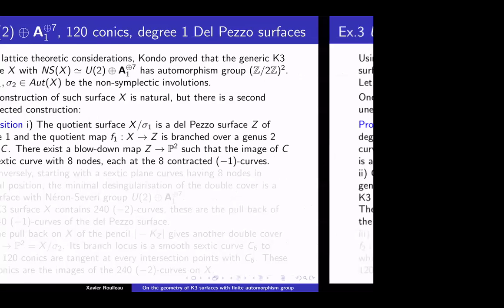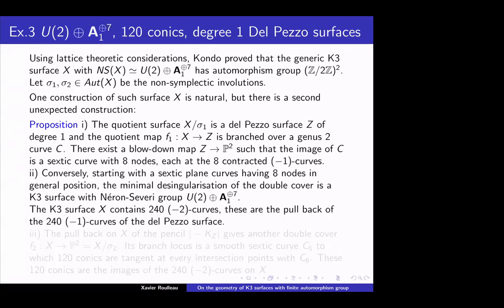Conversely, if you start with a plane sextic which has 8 nodes in general position, then the minimal desingularization of the double cover is a K3 surface with Néron-Severi group U2 plus A1 to the 7. And the K3 surface contains exactly 240 -2 curves. These are the pullback of the 240 -1 curves on the del Pezzo degree 1 surface.